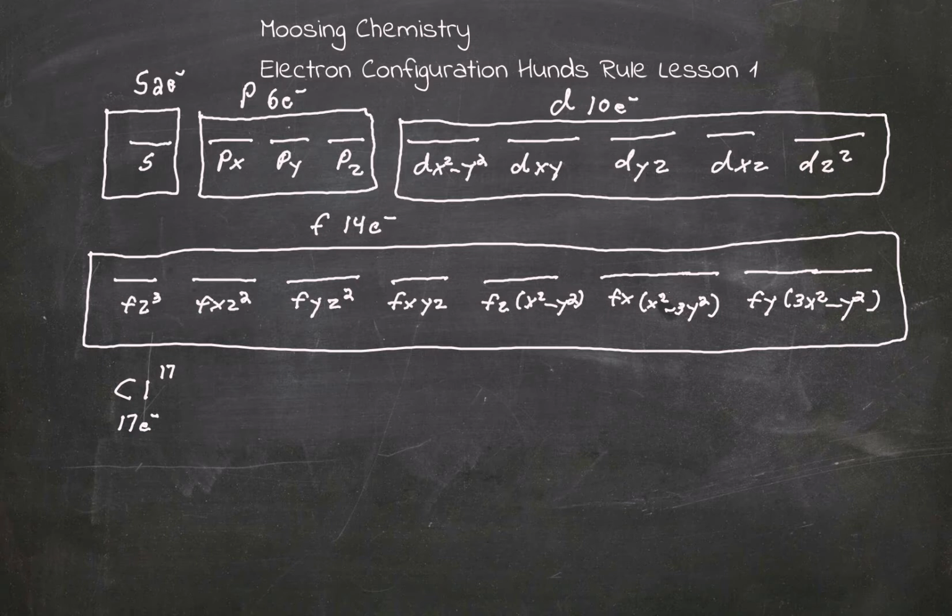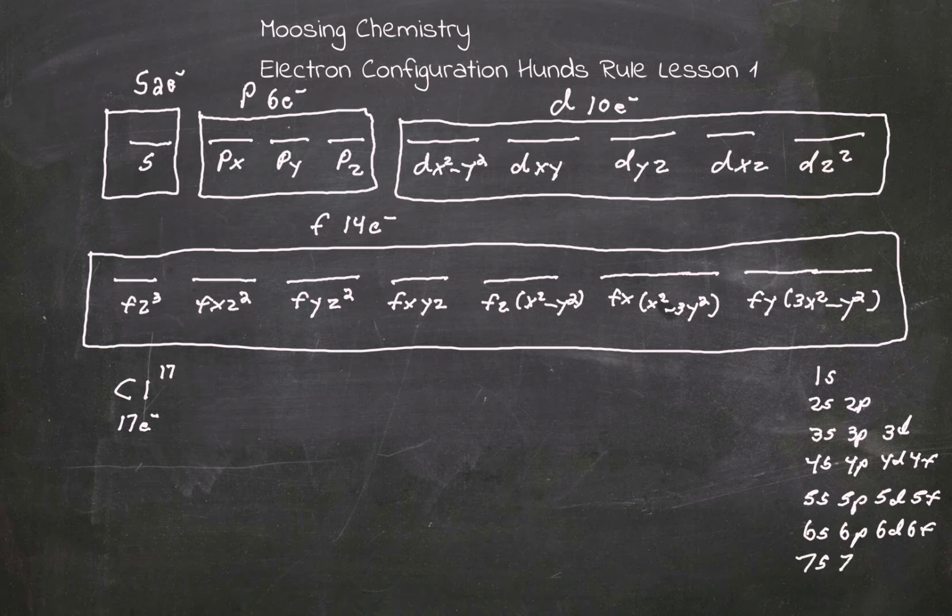So remember the rule that we had: 1s, 2s, 2p, 3s, 3p, 3d, 4s, 4p, 4d, 4f, 5s, 5p, 5d, 5f, 6s, 6p, 6d, 6f, 7s, 7p, 7d, 7f.